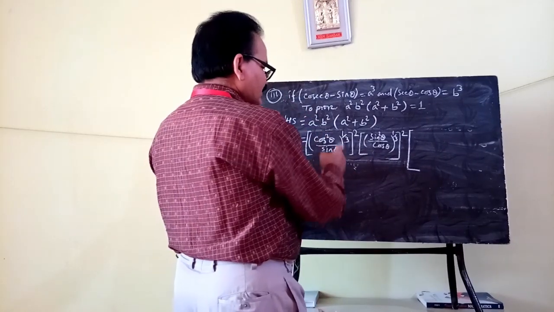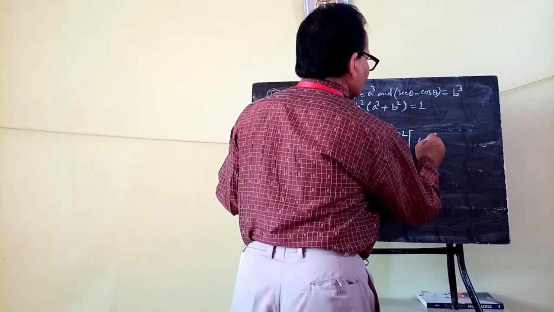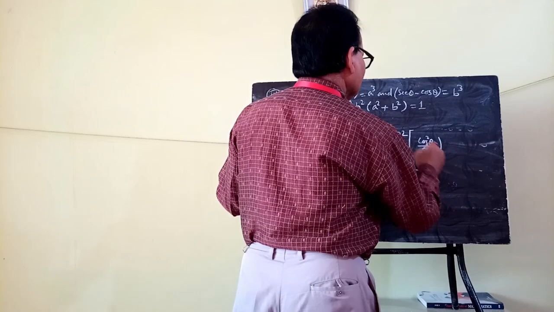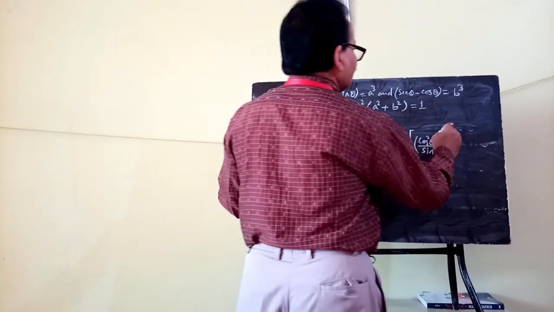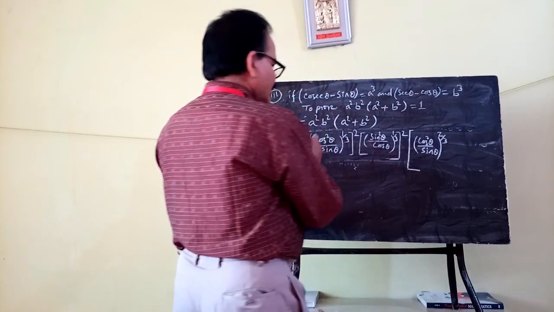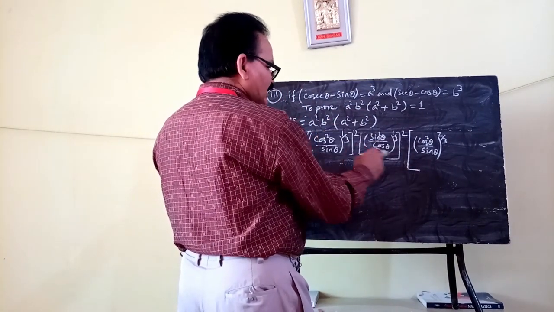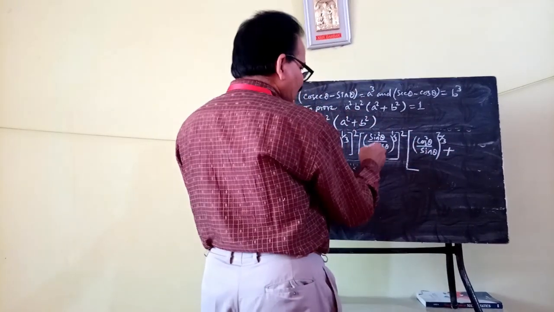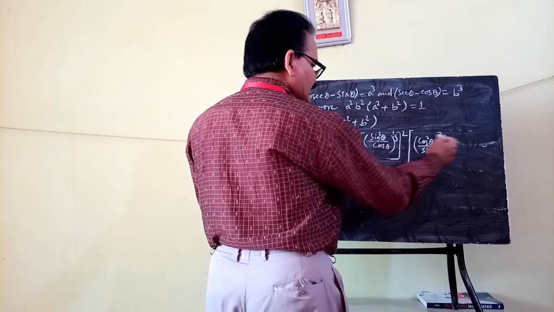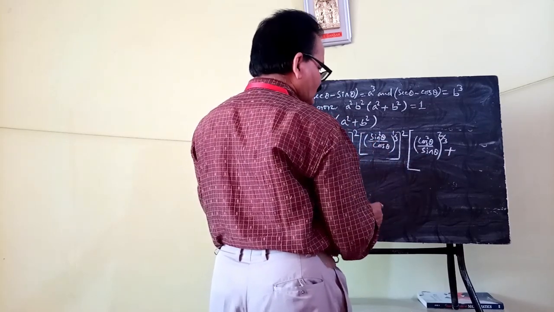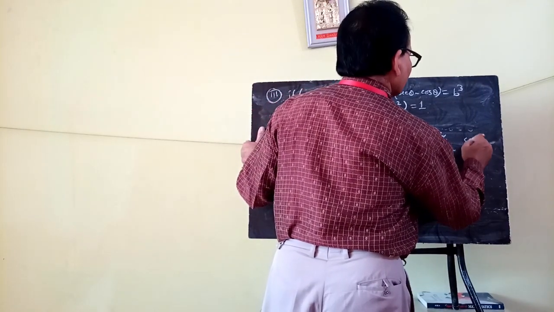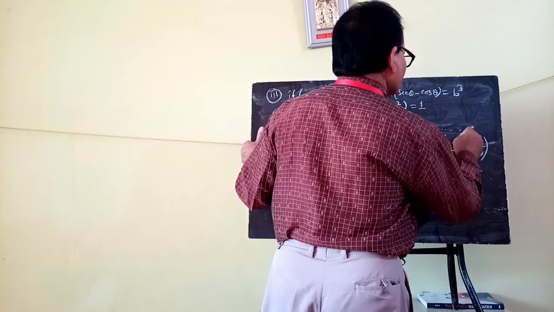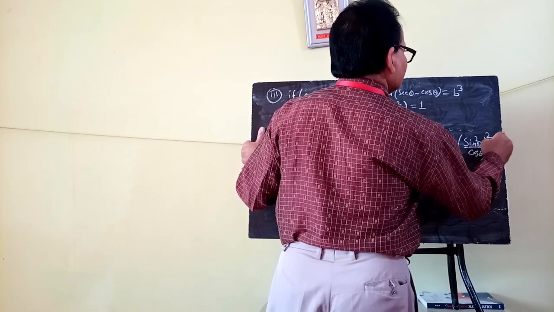So from this term, this will be cos square theta by sin theta whole to the power 1 by 3 into 2, which is 2 by 3. So a square can be written like this. And similarly plus, this part is b square, so 1 by 3 into 2 is 2 by 3. So this is again sin square theta by cos theta whole to the power 2 by 3.